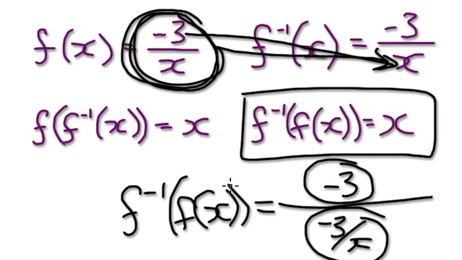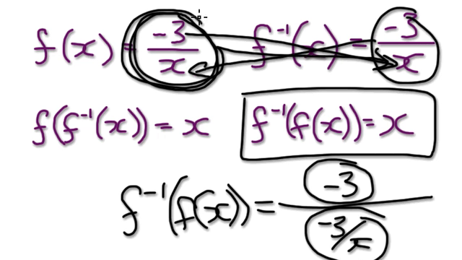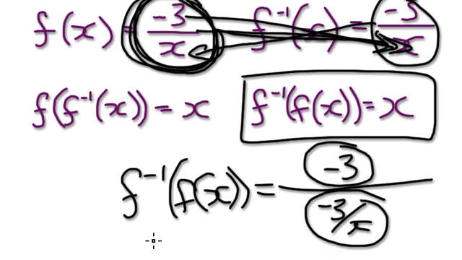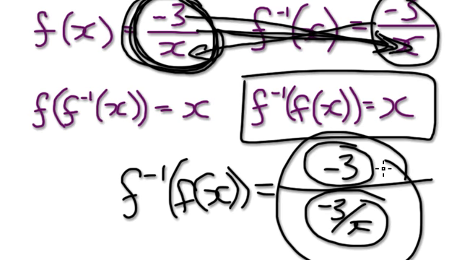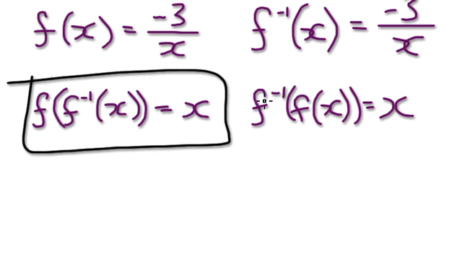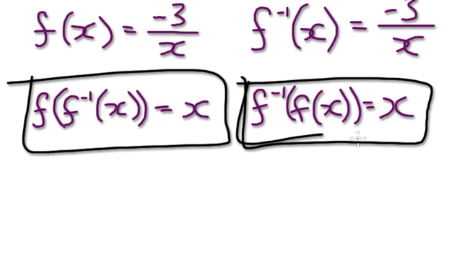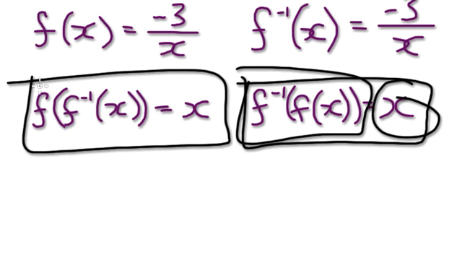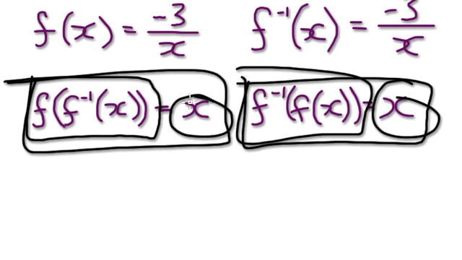Putting this into this is exactly the same as putting this into this, which I've pretty much done earlier. So in fact, they're both the same. This thing here equals x, and this thing here equals x.